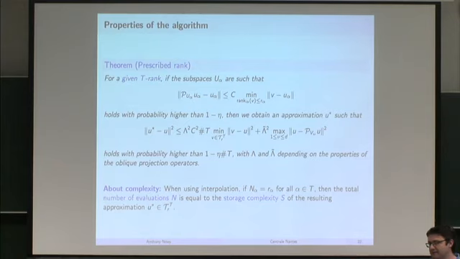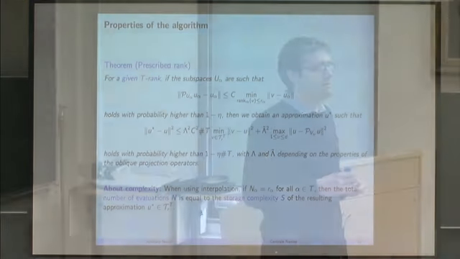In practice, in the application I have shown here, the number of samples you need to estimate, let's say, 10 principal components is of the order of 10. But the theory we have at the moment tells us that we need 1 million samples, which is not really useful.